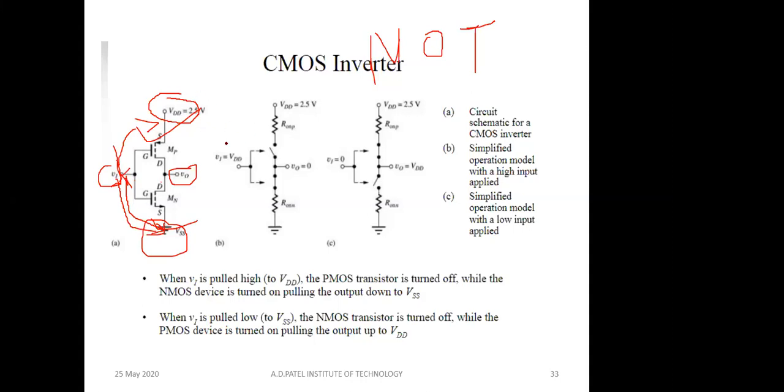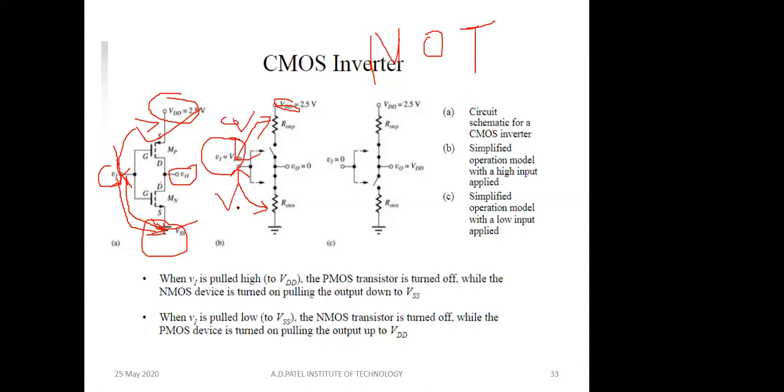Let's say first of all, VI is equal to VDD is applied. So between that terminal and this source terminal we will be applying the same voltage VDD, whatever the battery voltage. So what will be VGS for the PMOS? It will be 0 volt.